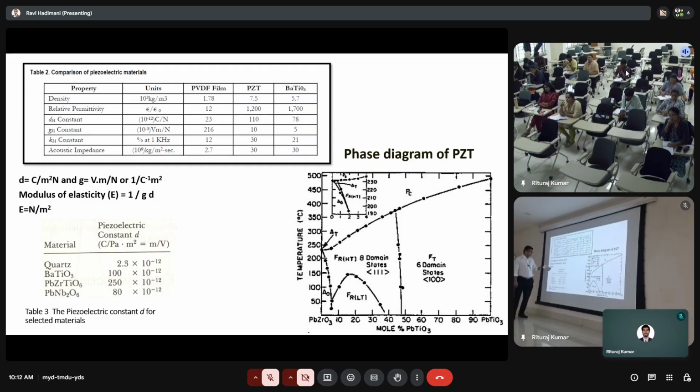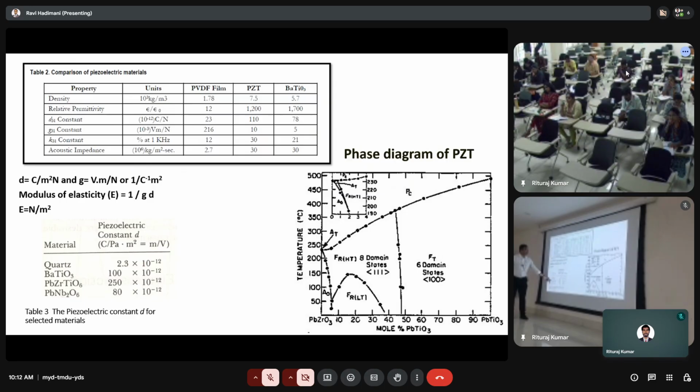Okay, and here is another, I think this is the D33 constant. Quartz is really low. You see 2.3 compared to lead zirconate titanate.